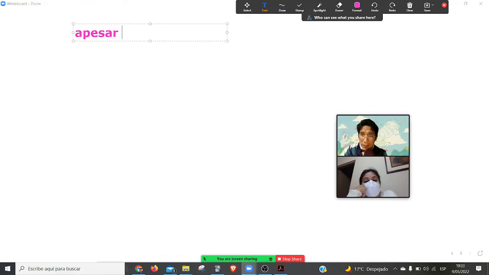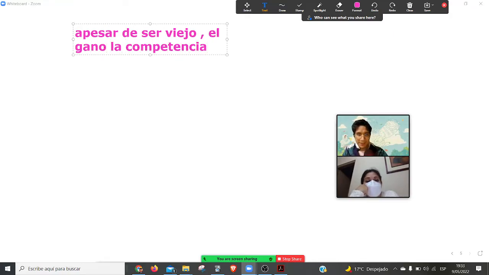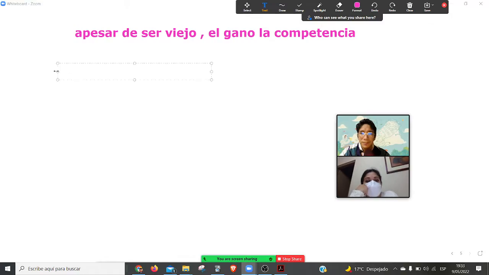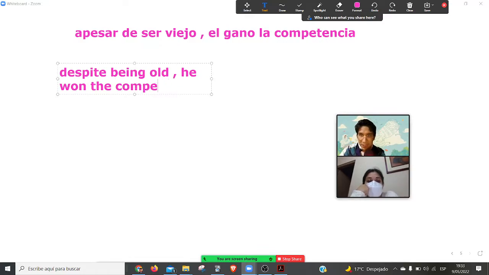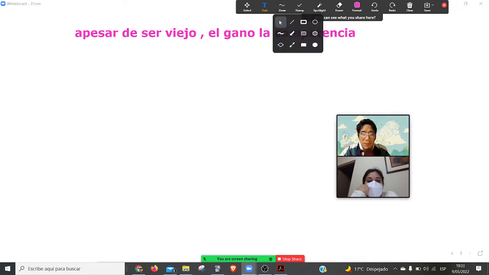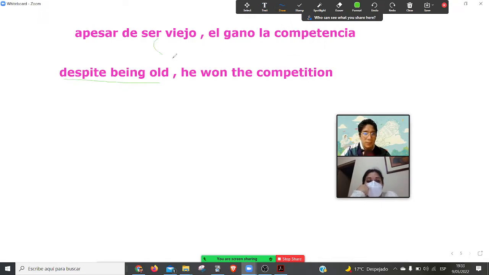Mira esta oración. Tú la vas a hacer con las tres formas. A pesar de ser viejo, él ganó la competencia. ¿Cómo dirías? Despite being old, he won the competition. En este caso, ¿se puede usar o no? ¿Por qué? Porque los dos sujetos son el mismo. ¿Quién era viejo? La misma.